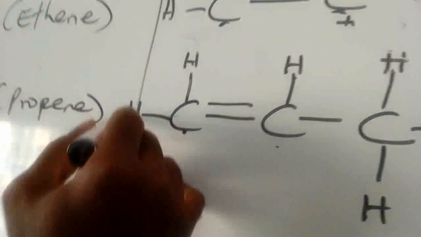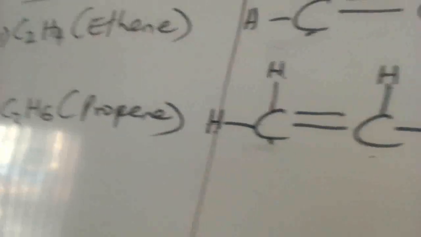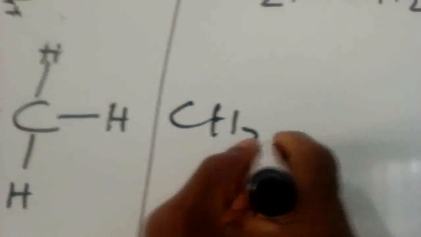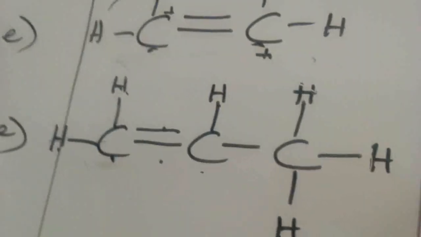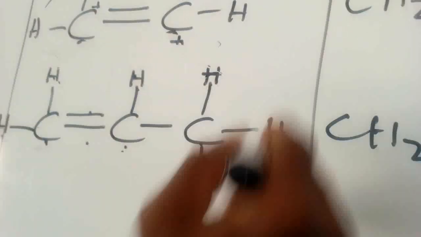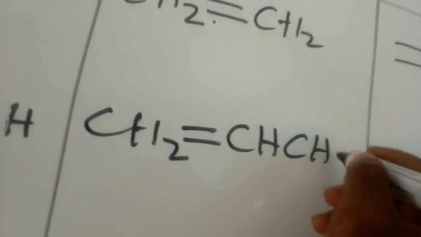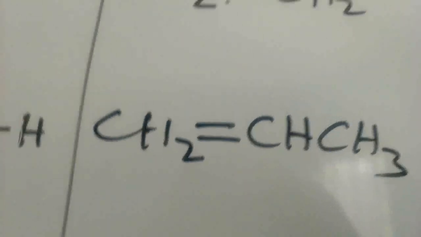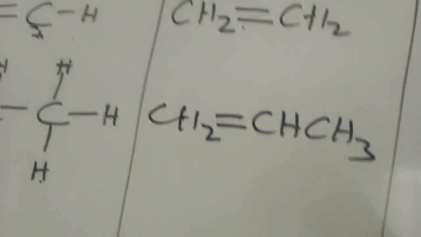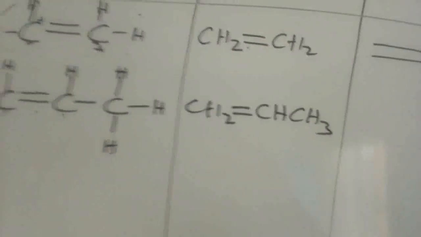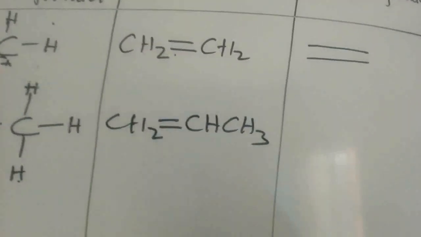So let's go to the condensed formula. The first carbon is bonded to 2 hydrogens. I have CH2. Double bond is there. Double bond. CH. Take them together, CH3. Put them together. That's the condensed formula. Then going to the skeletal formula of this compound, let me draw it.